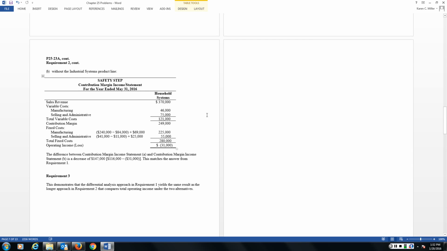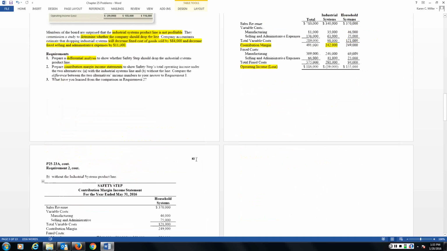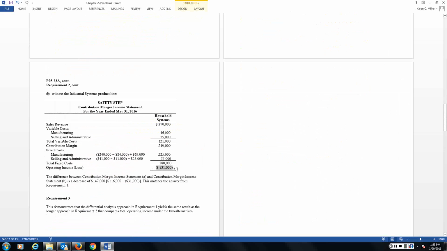And if we do a comparison between this contribution margin and our differential analysis, it said that our operating income would decrease by $147,000. Decrease in revenue, decrease in cost. Revenues are decreasing much more rapidly than cost if we discontinue this segment. So if I have a $147,000 decrease in operating income, we started out with operating income of $116,000. I'm decreasing it by $147,000, which ends up with a $31,000 loss.